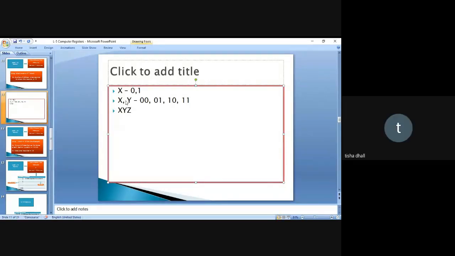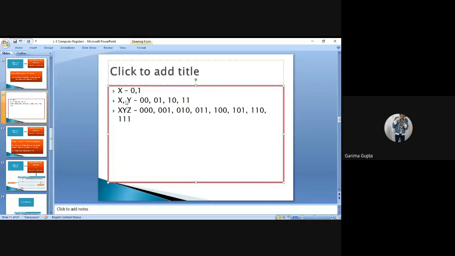8 values. Please speak up. These 8 values: 0, 0, 0. 0, 0, 1. 0, 1, 0. 0, 1, 1. 1, 0, 0. 1, 0, 1. 1, 1, 0. 1, 1, 1. Is this clear?